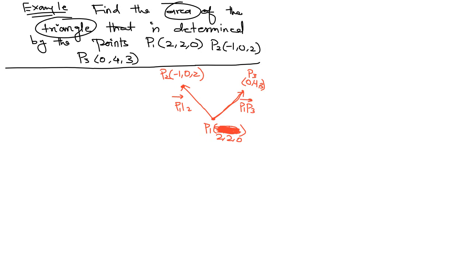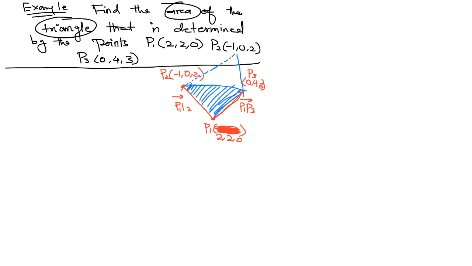Okay, now you have to find the area of the triangle. Now I told you, when you have two vectors, you can draw the adjacent lines. For example, these are the adjacent lines I draw. So the triangle is half of this one, so we need the area of this.